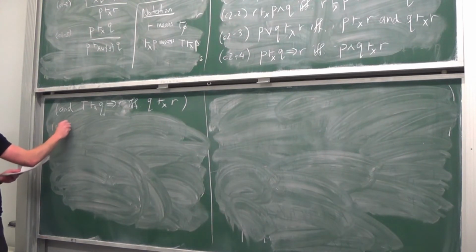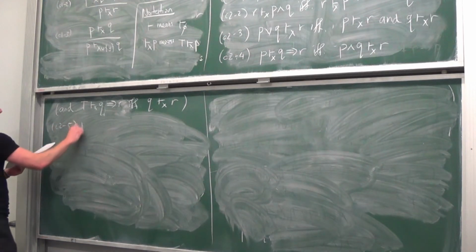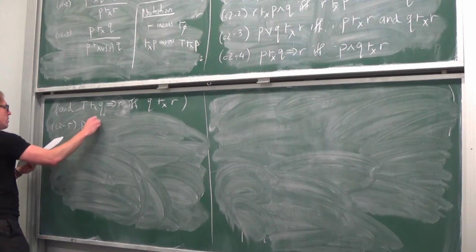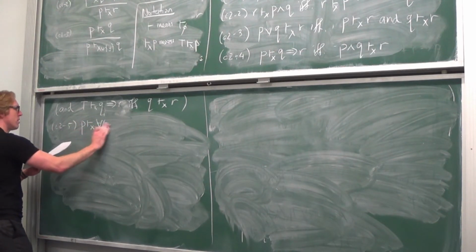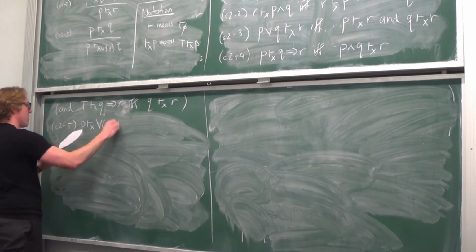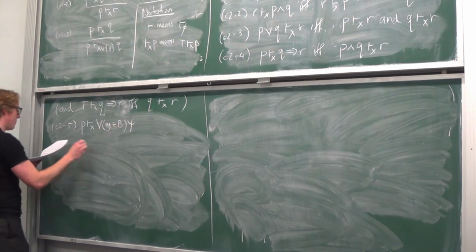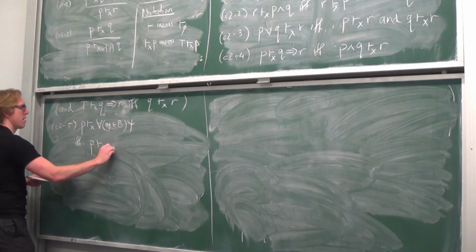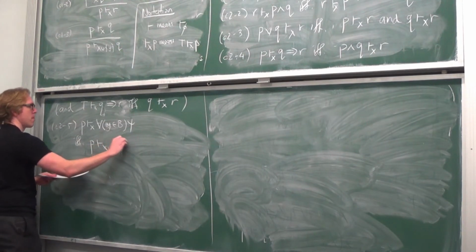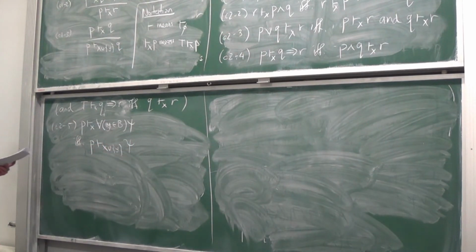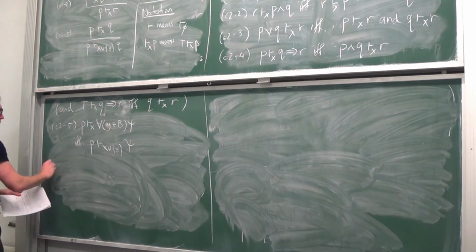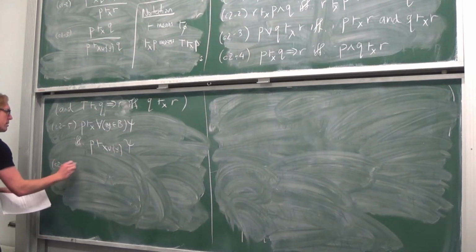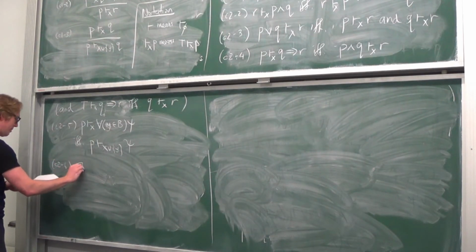C2, 5. All right, so this is for all. 6, exists.